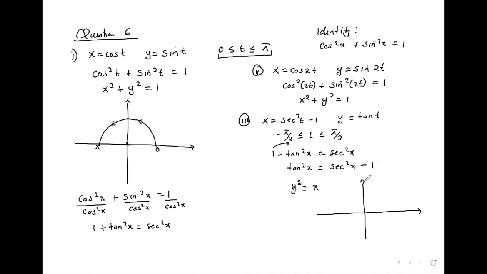This becomes a parabola that is facing to the right, like this. And it's been given that it's from negative pi over 2 to positive pi over 2. So it's just something like this. You go up 90, you go down 90.